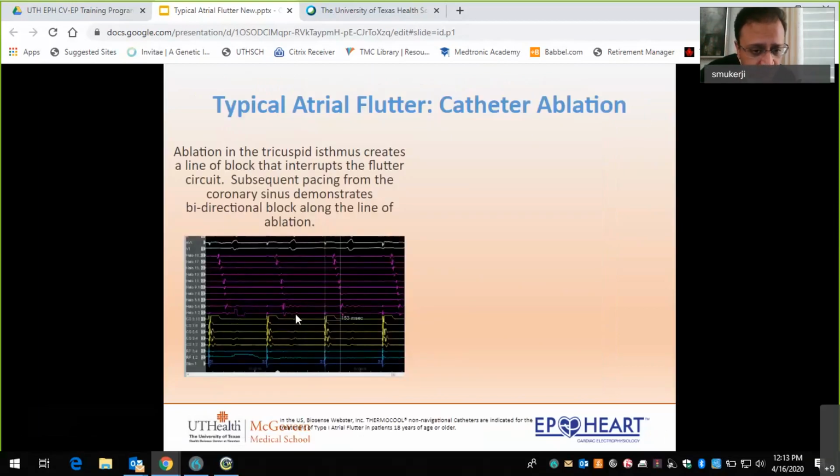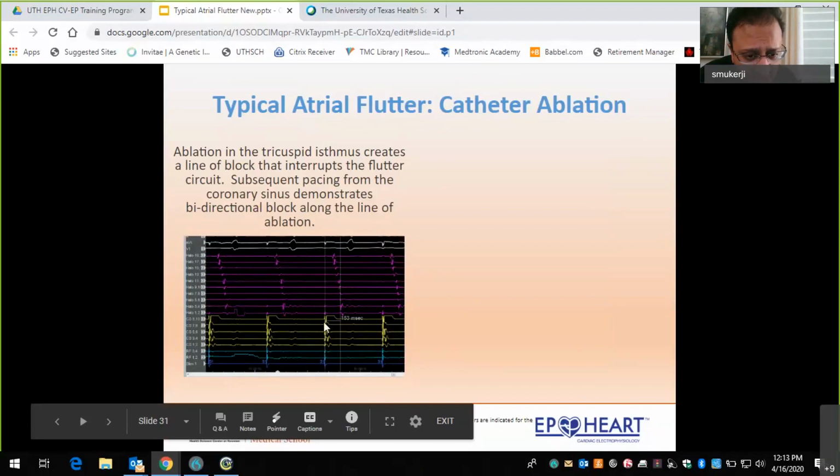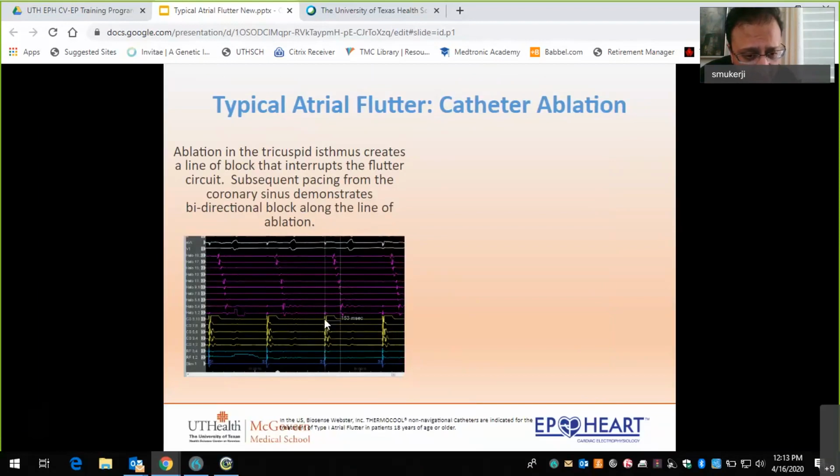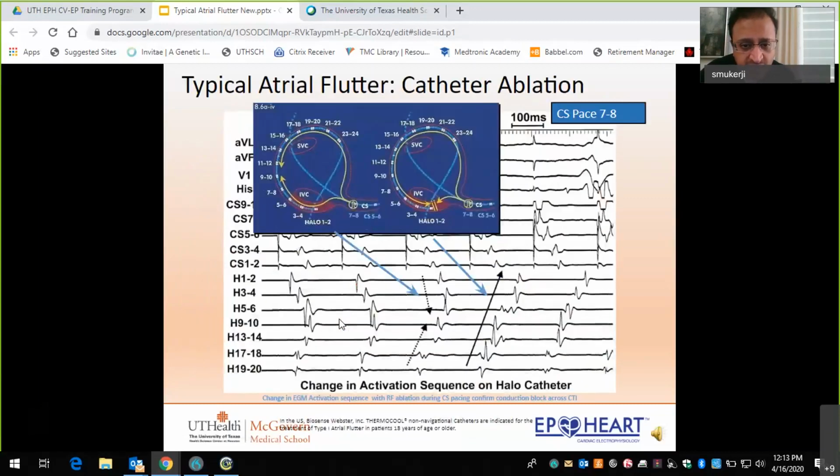And that's exactly what we're measuring over here. We again have the halo, but just imagine point A to point B. So we're pacing from point A, and we're measuring to point B, it's 153. When we see that, we're like, okay, we've got block. Then we do the same thing backwards, and we're looking for block.